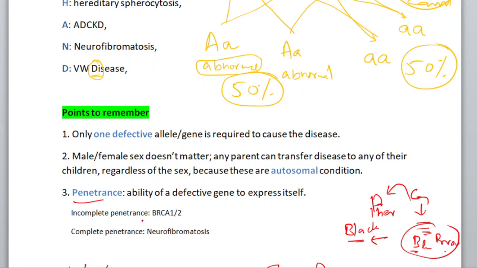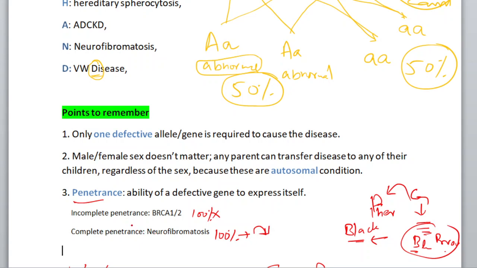Incomplete penetrance means that some girls might have a BRCA1 and BRCA2 mutation in their genes, but they might not 100% express the disease. Complete penetrance means there is 100% surety that the disease will occur in the next generation.